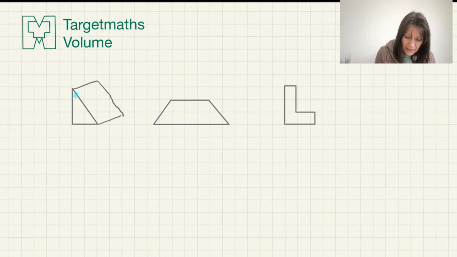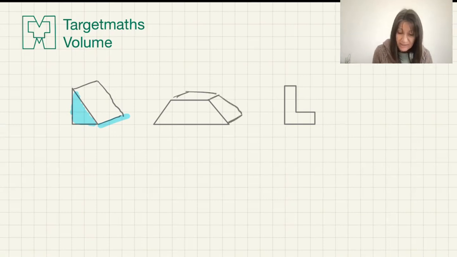So I've got my 2D shape and my third length, and that would be true of any prism, as we know. I'll just sketch this in. It's not going to be perfect, but it's going to show that same principle. If I can find the area of this and recognize which edge is the third length, the edge that creates the 3D shape.